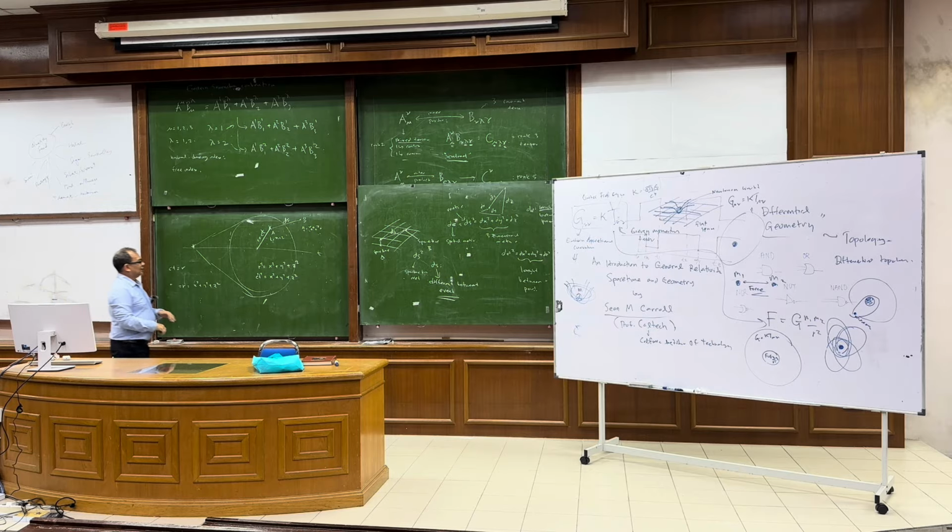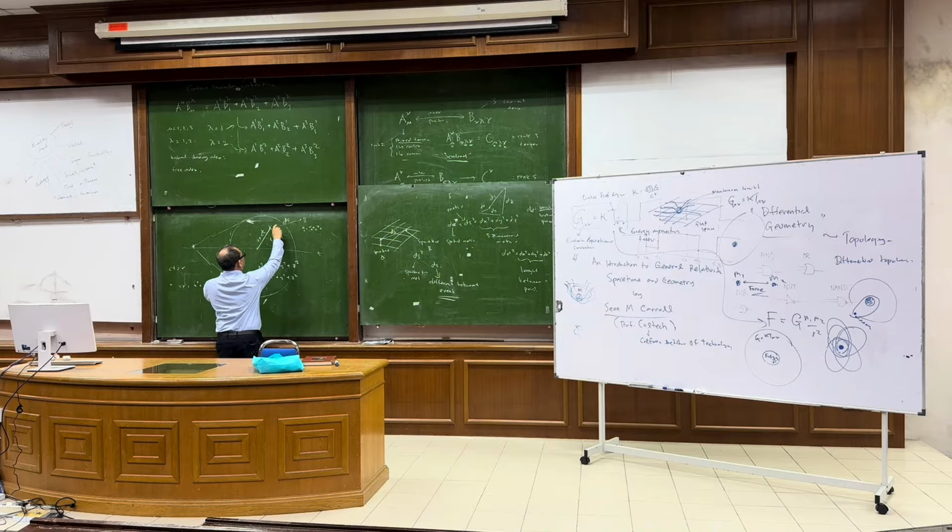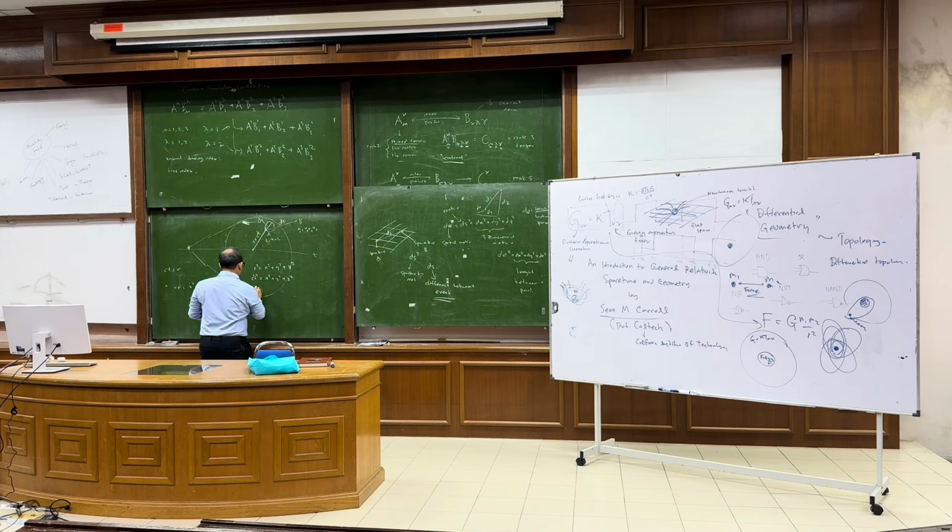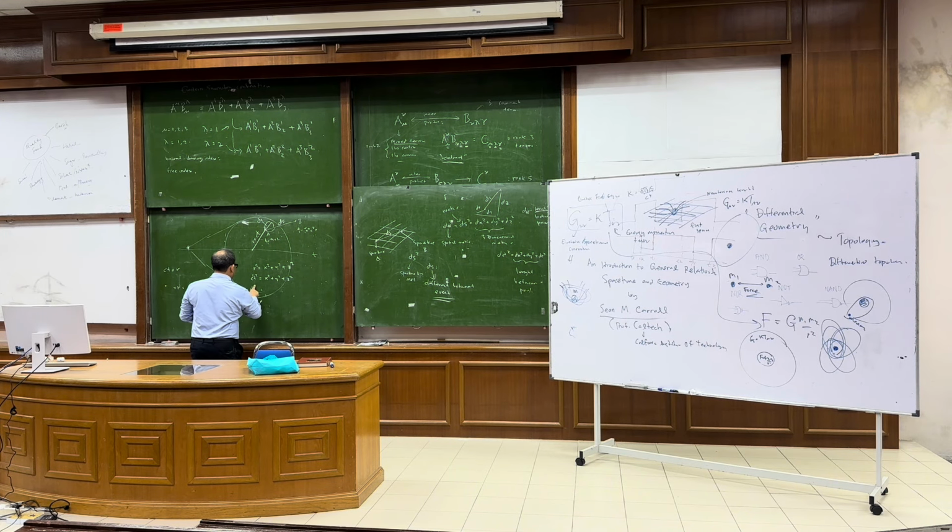Okay, the c squared t squared represents space. So d sigma squared is dx squared plus dy squared plus dz squared.